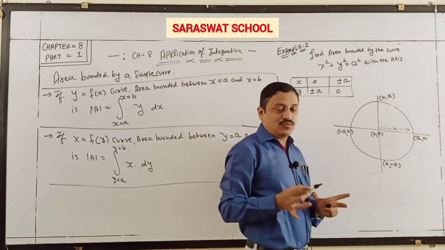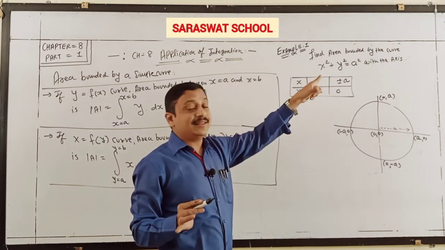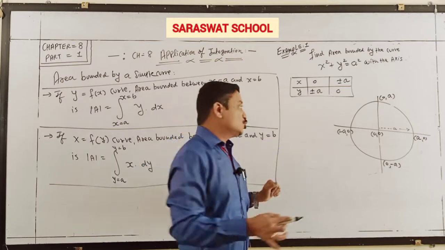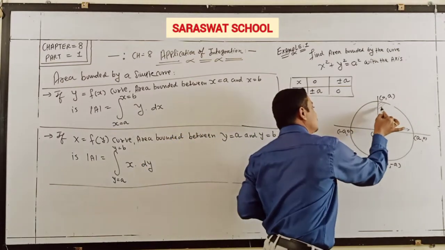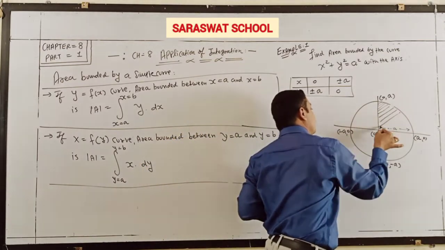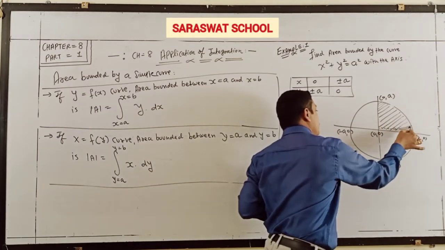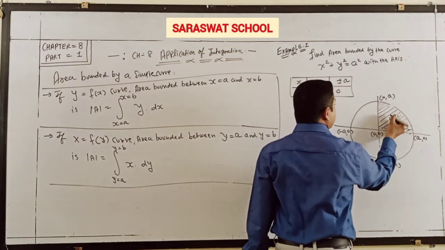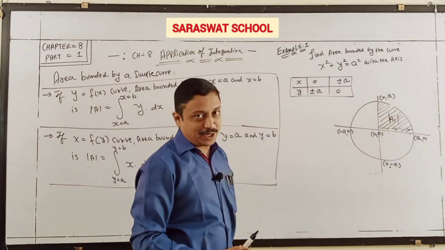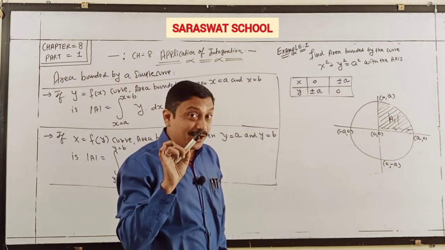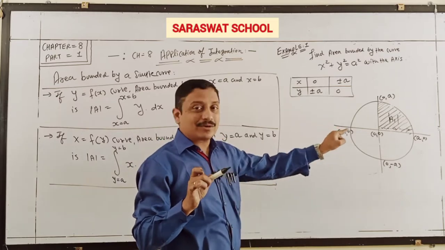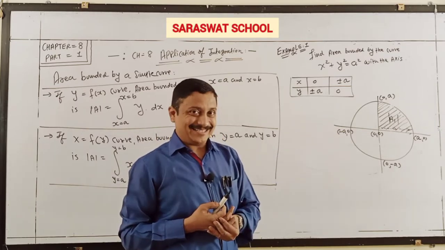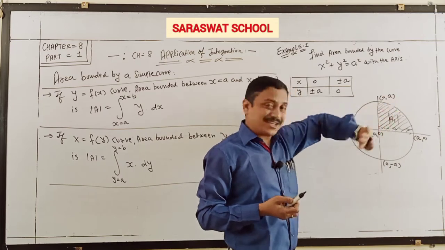I want the full area bounded by the curve with the axis. So I first explain only this first quadrant, and I call that area A1 in magnitude, and after finding A1 I multiply by four to get the area. Yes, I only explain the first case.